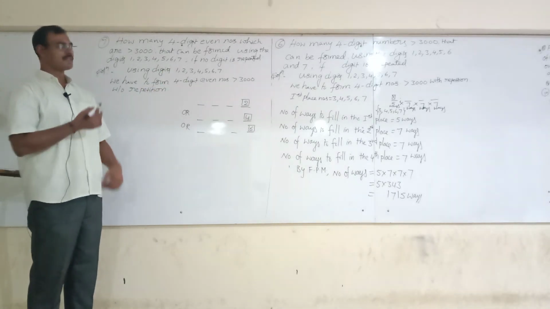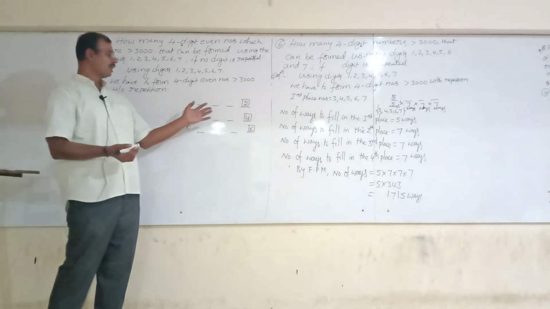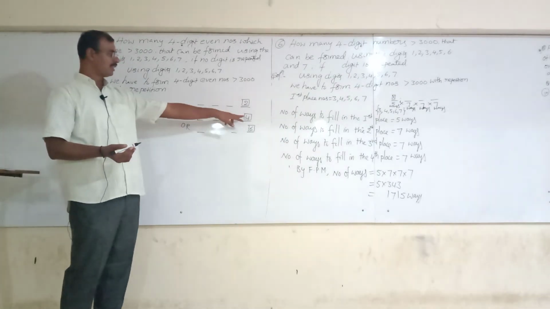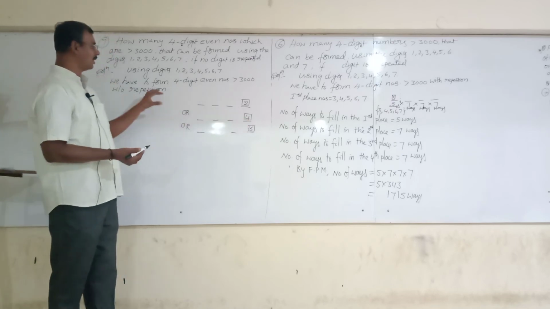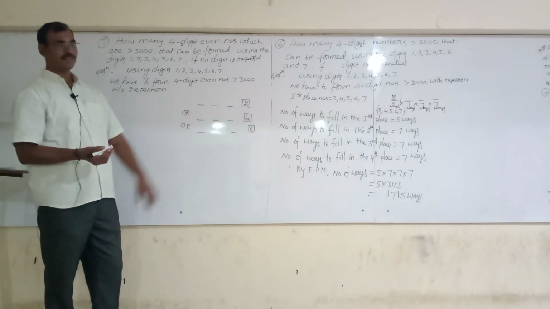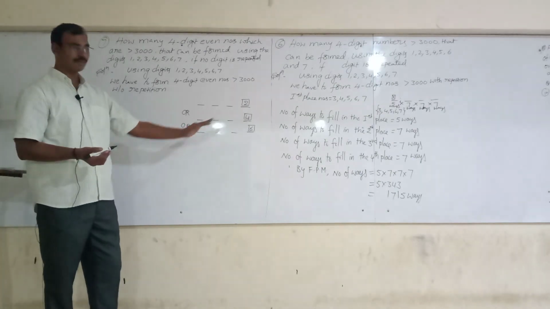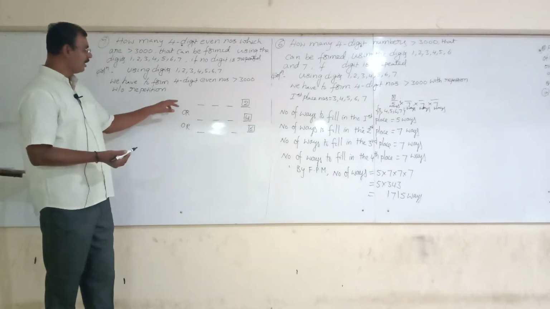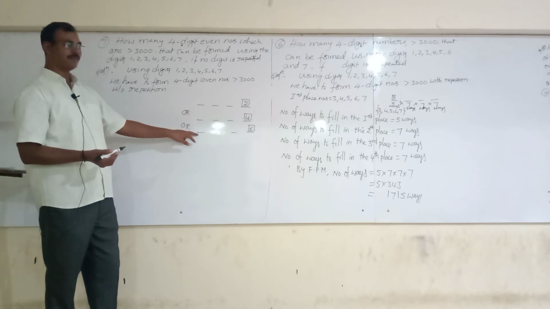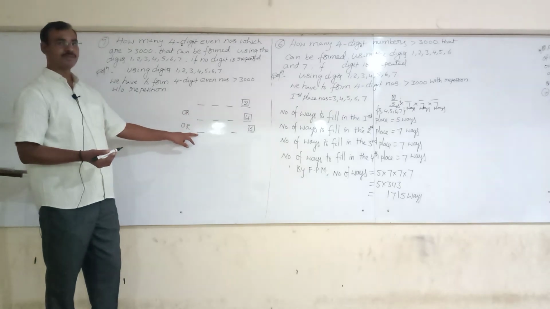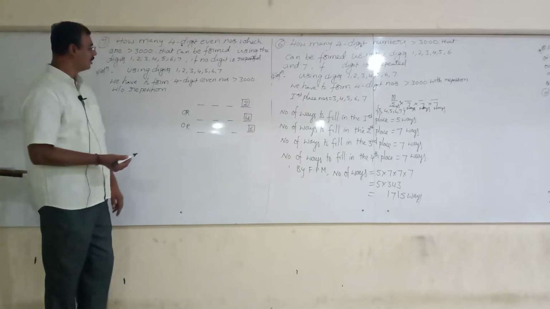In the same manner, place 4 in the unit place: how many 4-digit numbers greater than 3000? Similarly, we have to find 3 cases. Then finally, either first case or second case or third case, it means I have to do addition.